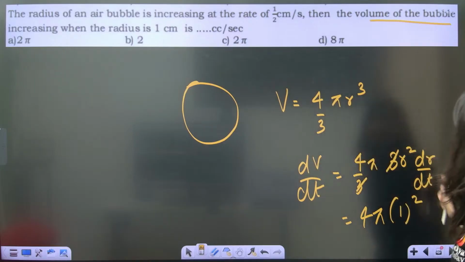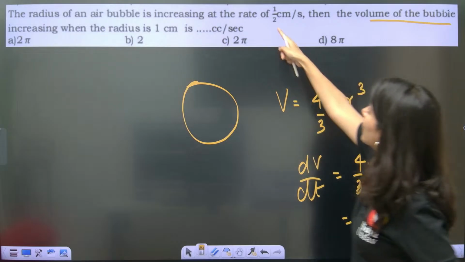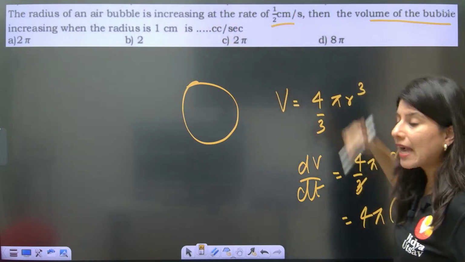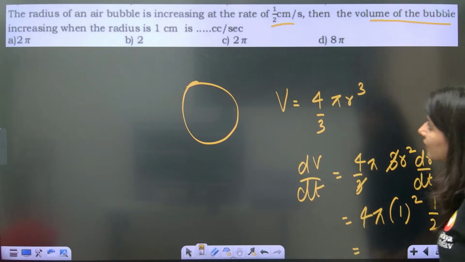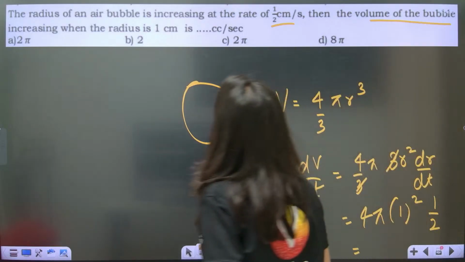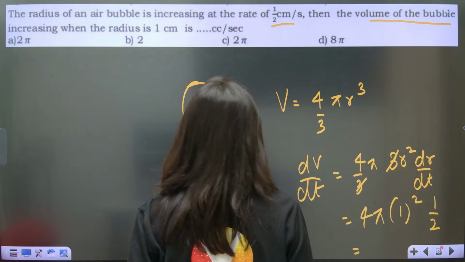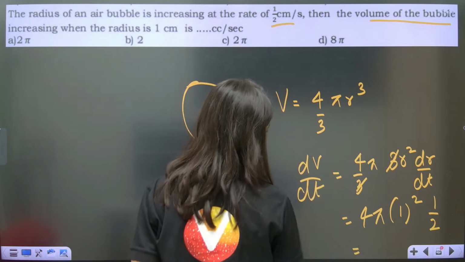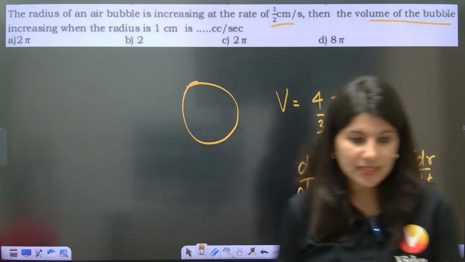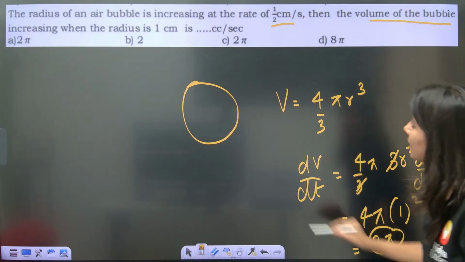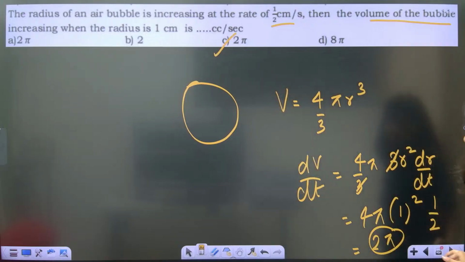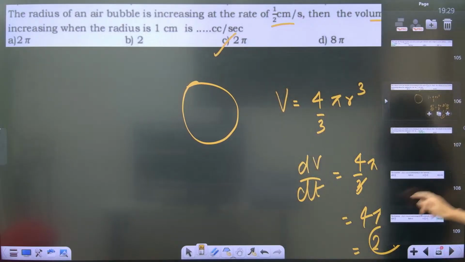And dr by dt they have given: radius is increasing at the rate of half. So clearly the correct answer is 2 pi, which is option C. Option C is absolutely correct.